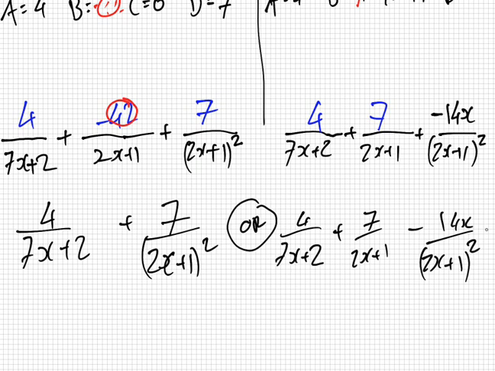So you have to put these two together, and then you have to put these three together and see which one matches the question. In fact, it turns out to be this one here.